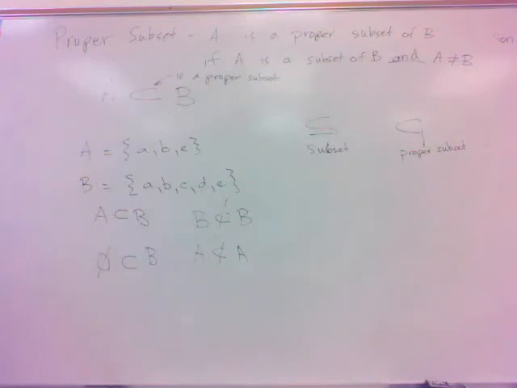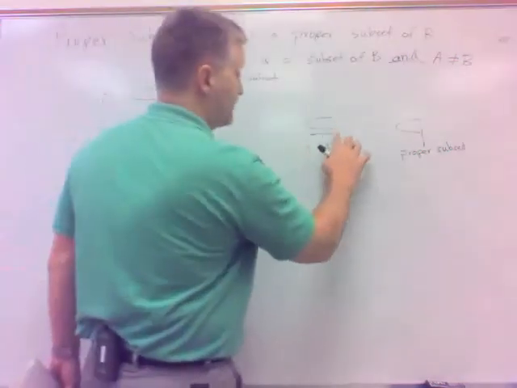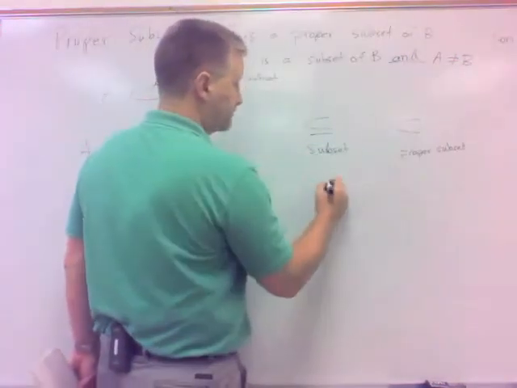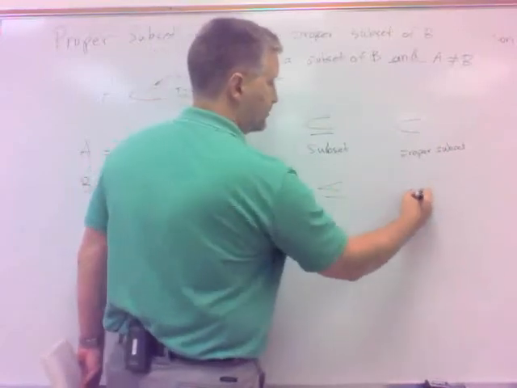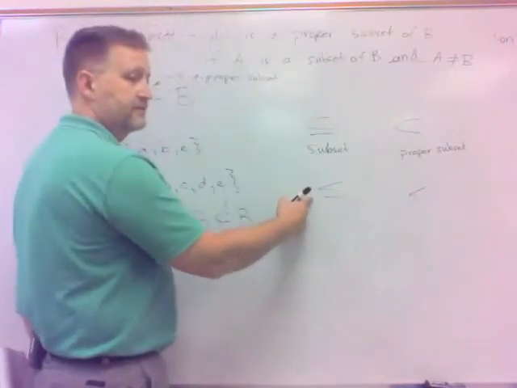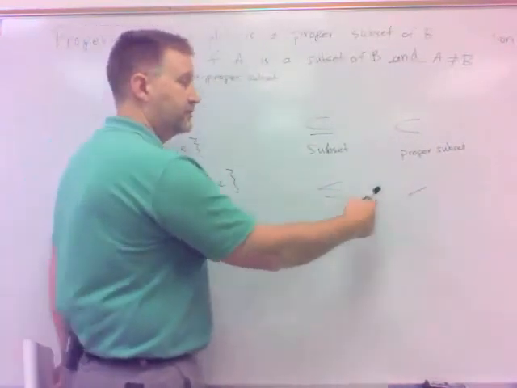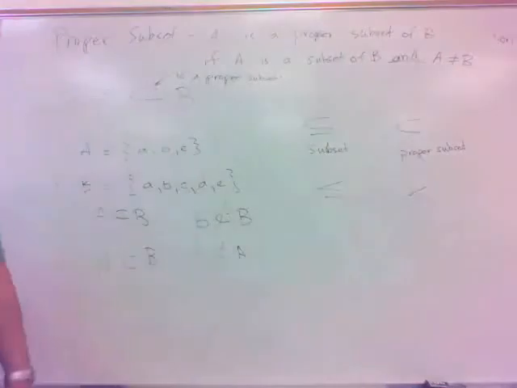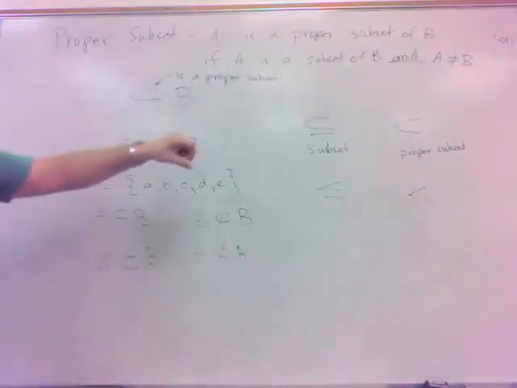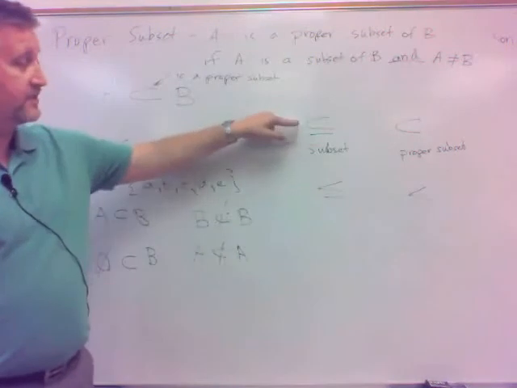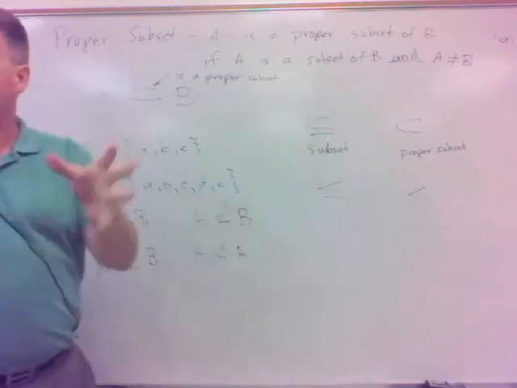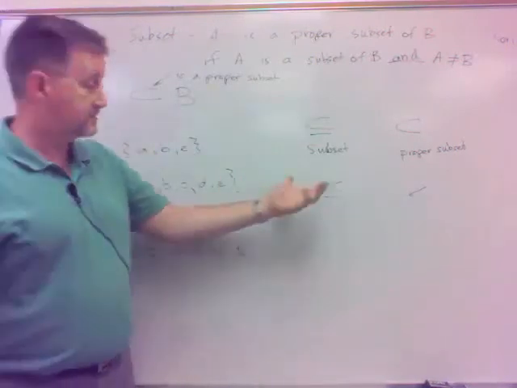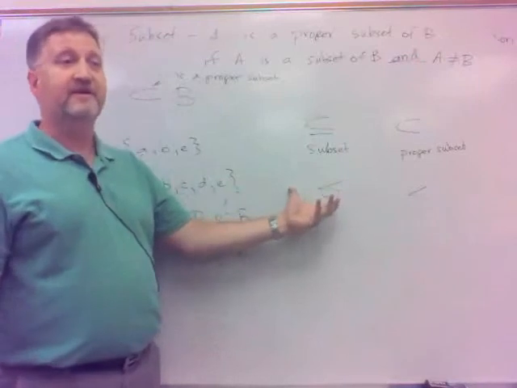The other thing is to note the connection between this and then this. What is this? Less than or equal to, and strictly less than. There's a connection there, and I'm sure it's not a coincidence that they chose this, because less than or equal to means less than or equal to.